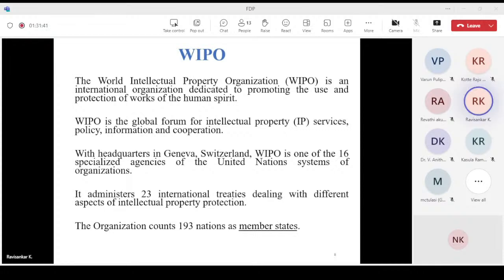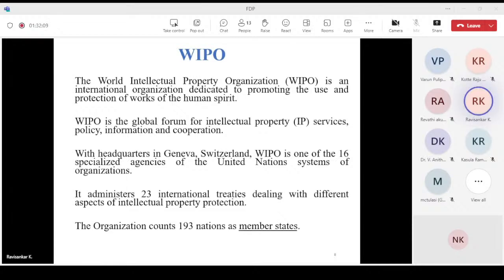Coming to WIPO, the World Intellectual Property Organization is an international organization dedicated to promoting the use and protection of works of the human spirit. WIPO is the global forum for intellectual property services, policy, information and cooperation. With headquarters in Geneva, WIPO is one of the 16 specialized agencies of the United Nations system of organizations.